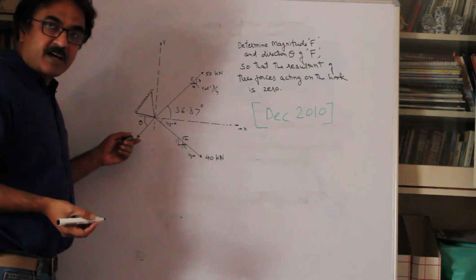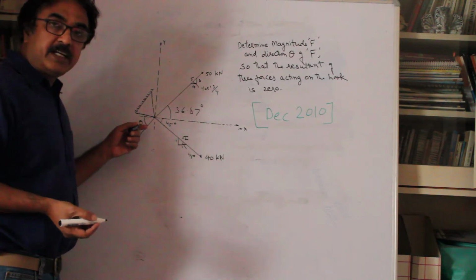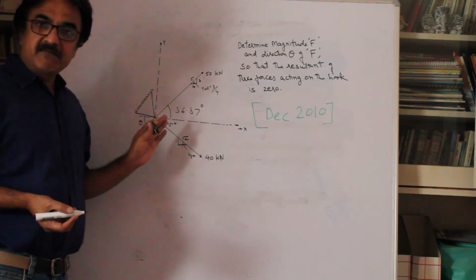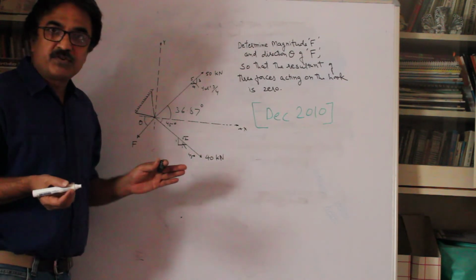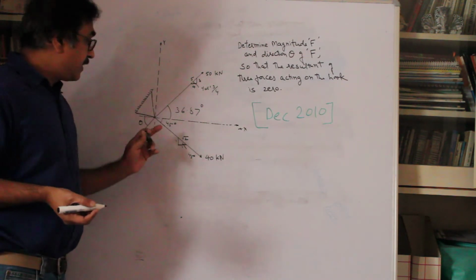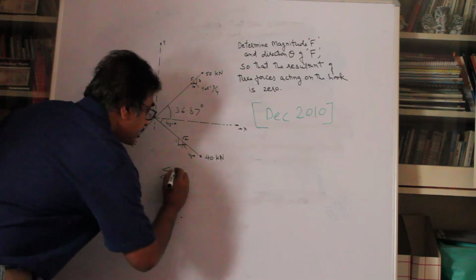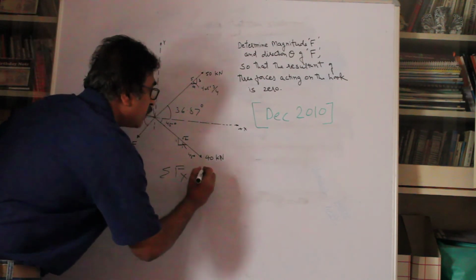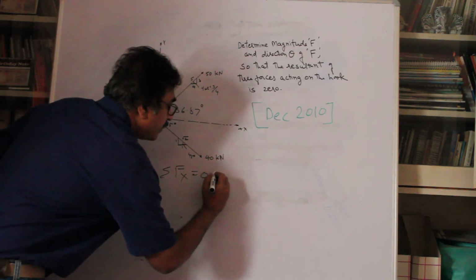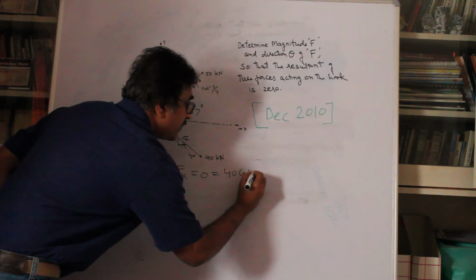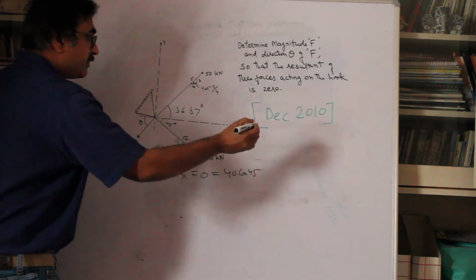So once you have found out these angles, your task is simple. You want to find out F, you want to find out theta. So just resolve the forces horizontally and vertically. Sigma fx is equal to 0, for all these forces, these two forces and F. So you will write sigma fx is equal to 0, which is equal to 40 cos 45, resolve it, it will be positive.